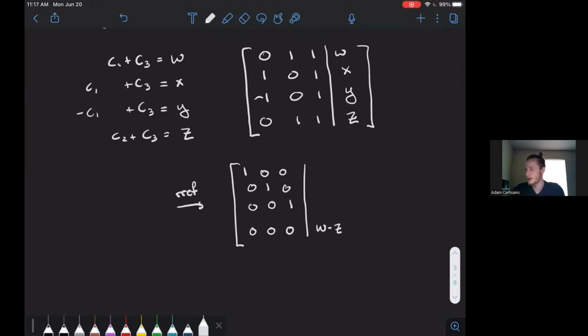And then the other ones, I'll just write the other ones, although I'll have to copy them. It's 1/2 X minus 1/2 Y.